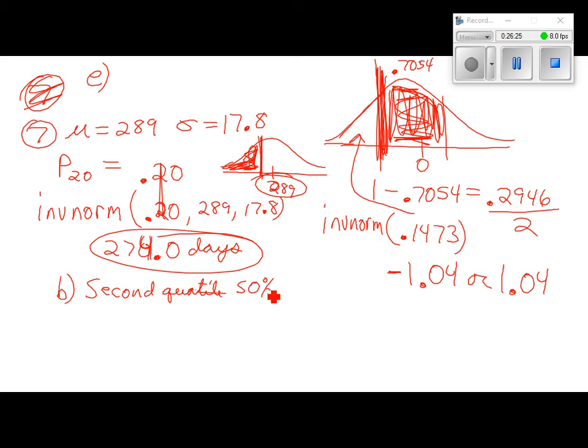75%. So same idea, we're going to punch in inverse norm. What's our area going to be this time? 0.5. What else are we going to put in? 289 and then 17.8. We probably don't even need the calculator. How many days are we going to be waiting? It should be 289 if we're right at 50.